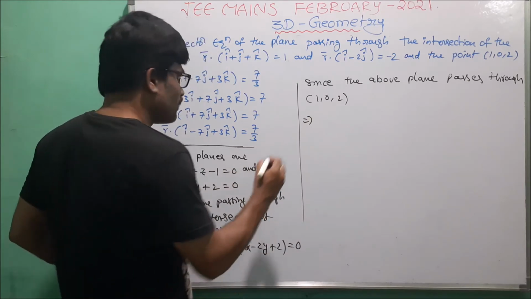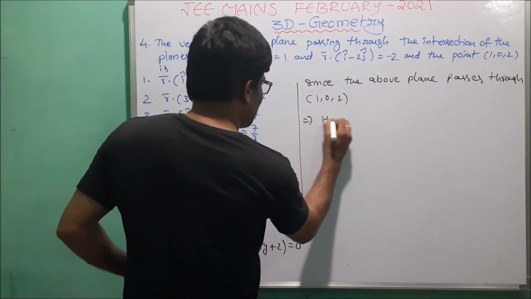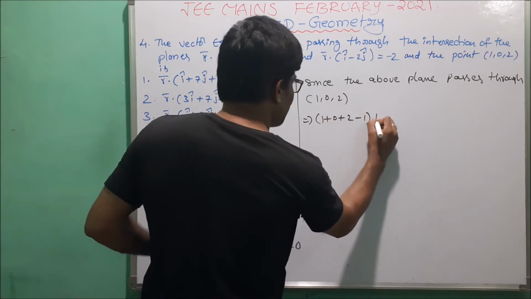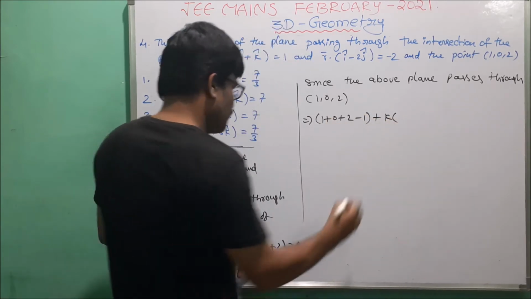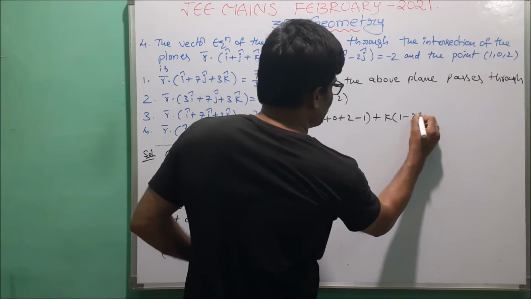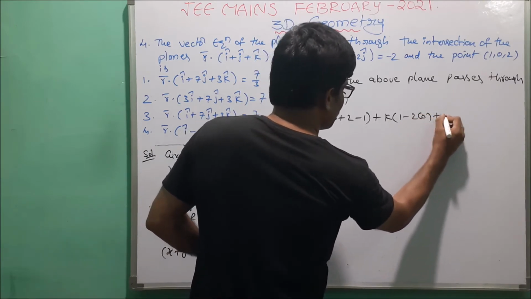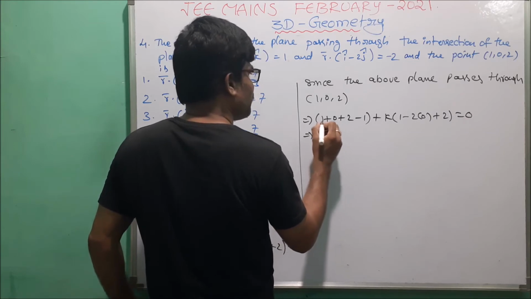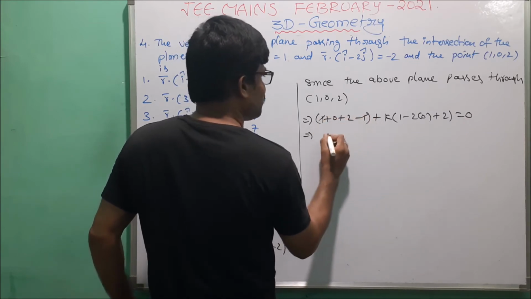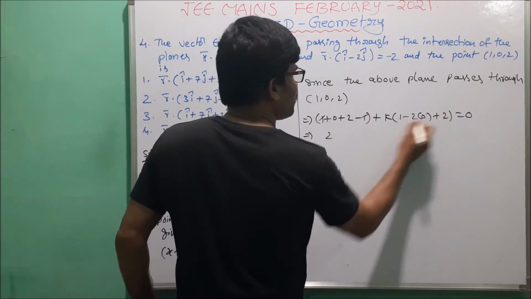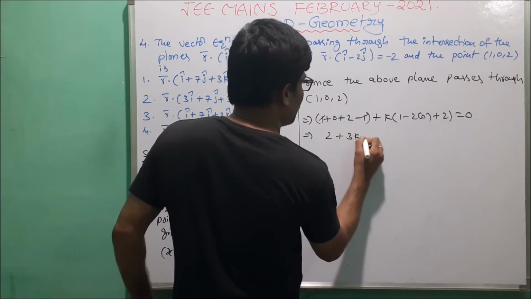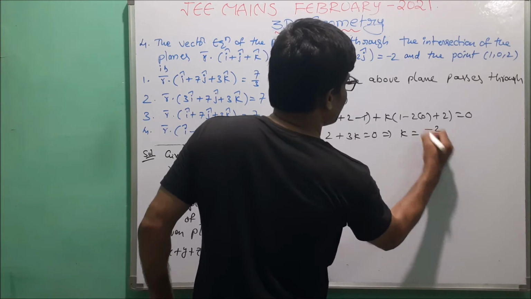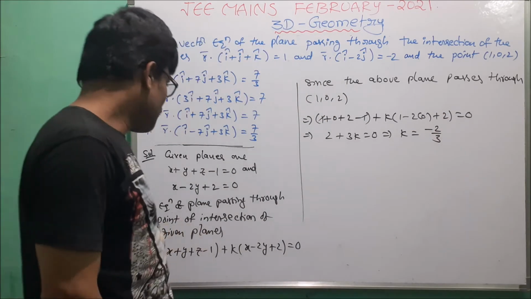That is 1 plus 0 plus 2 minus 1, plus k into (1 minus 2 into 0 plus 2) equal to 0. Here the 1 cancels, this is 2 only. In that, 1 plus 2 is 3. So 3k equals 0, from this the k value is minus 2 by 3.